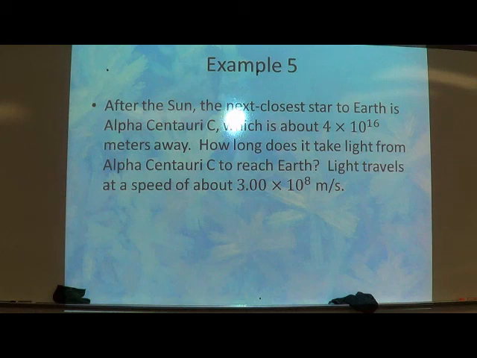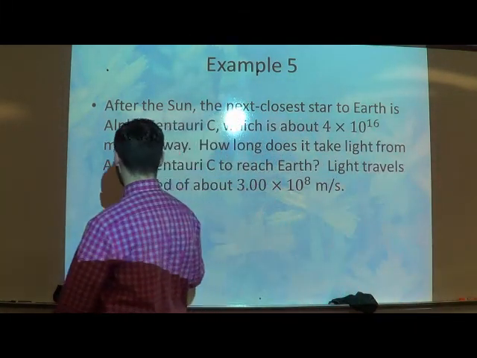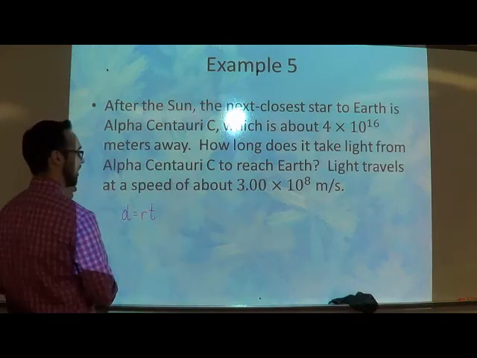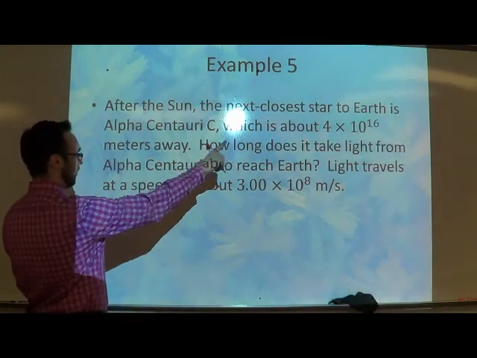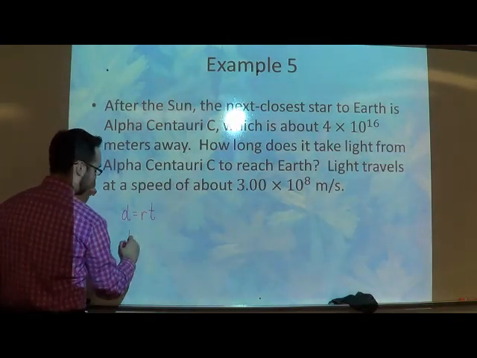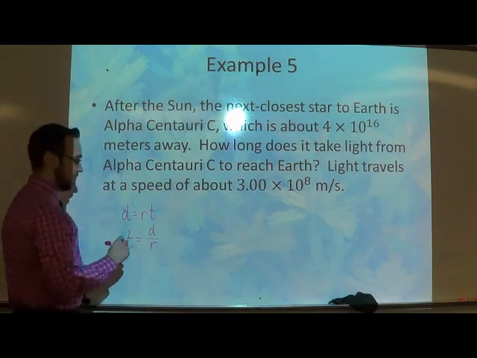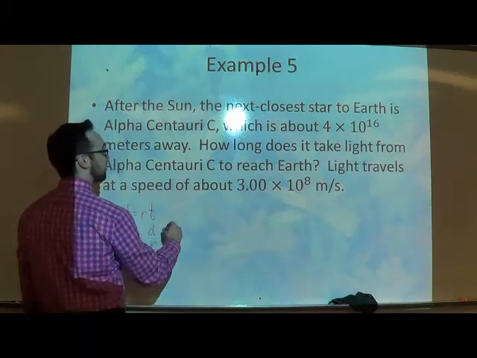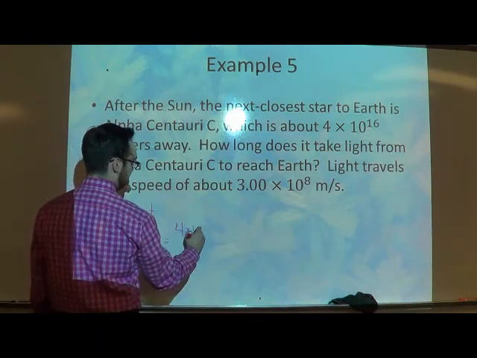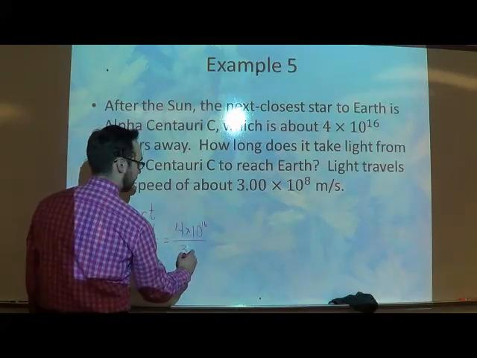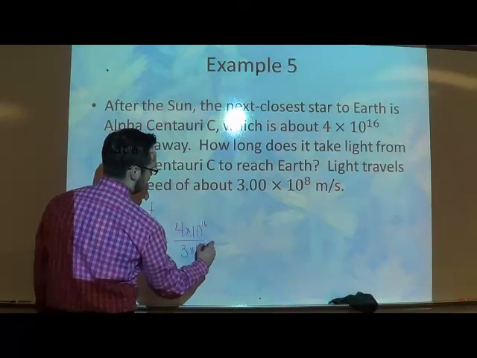So what we want to do here is look at distance equals rate times time, but we're asking about time because we know the rate and we know the distance. So I'm going to divide by r and rearrange so time is equal to distance divided by rate. For us, the distance is 4 times 10 to the 16th divided by 3 times 10 to the 8th.